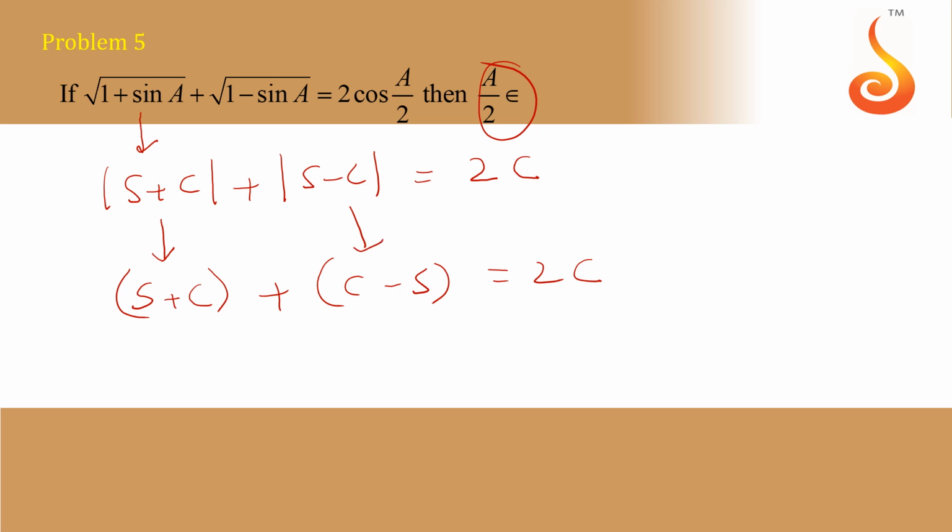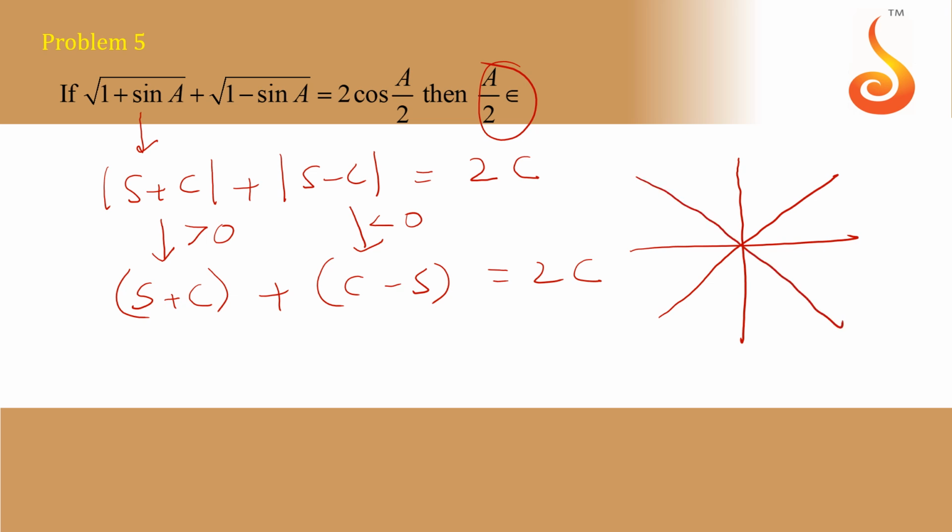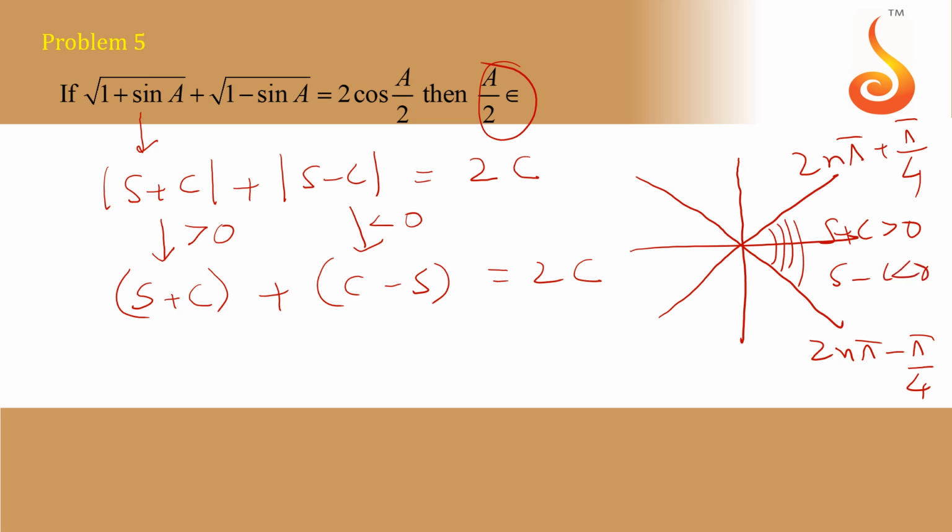Mod of s plus c will be s plus c if s plus c is positive. Mod of s minus c will be c minus s when s minus c is negative. Then if you remember the diagram, recollect the s plus c, s minus c diagram. 2n pi minus pi by 4 to 2n pi plus pi by 4 is the fourth region, where s plus c will be positive and s minus c will be negative.